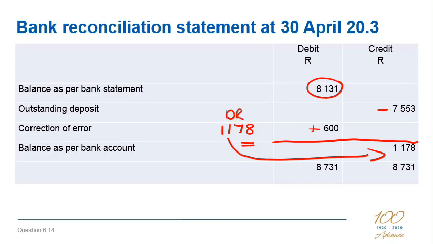So a debit from the bank's point of view will be equal to a credit from our point of view. So you can put this total in and just balance it with the 1178, or if you just add up the debit column, that must be equal to the sum of the credits.